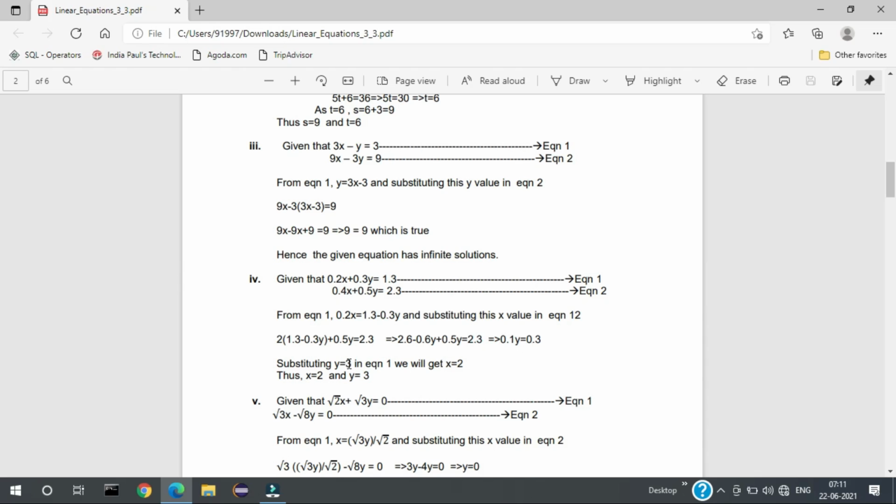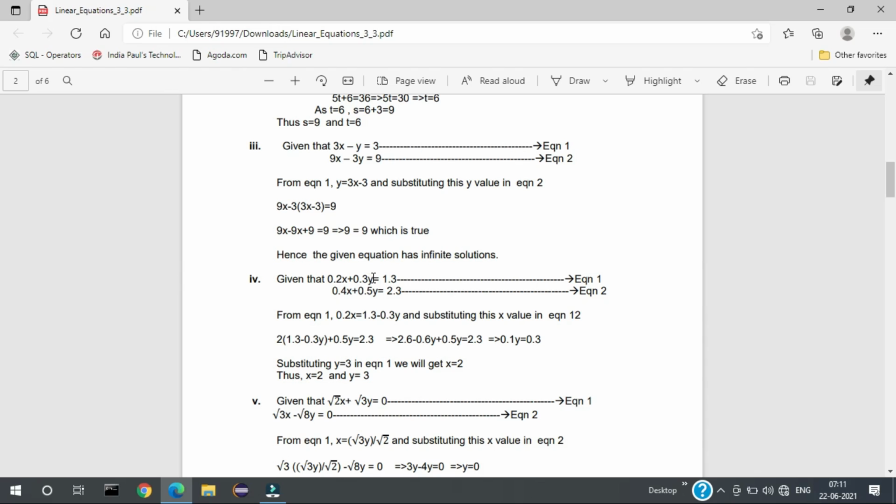3. We will get. Substituting y equals 3 in equation 1. So in equation 1 we substituted y. So what will come? 0.2x plus 0.3 into y equals 3. 0.3 into 3, 0.9.